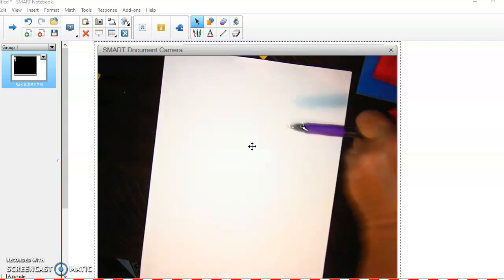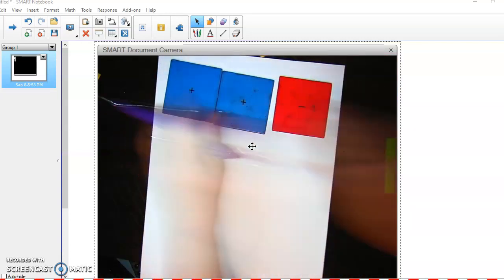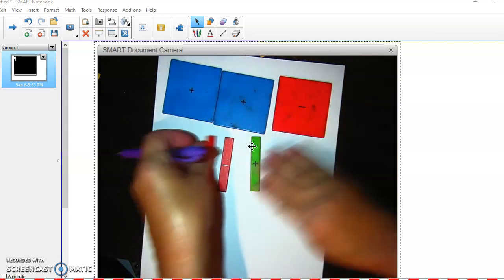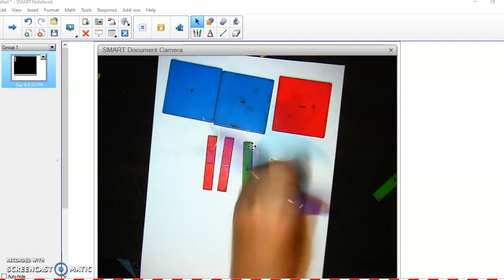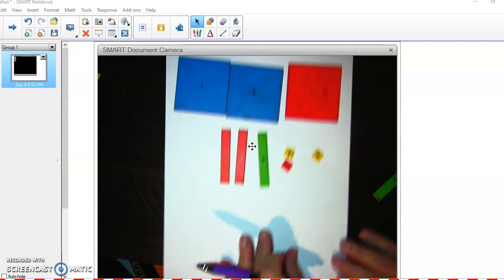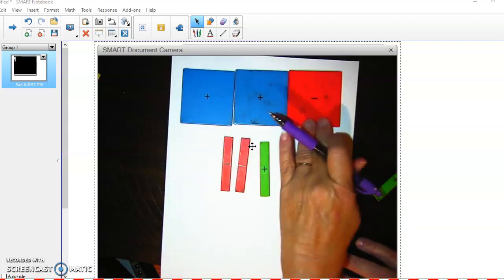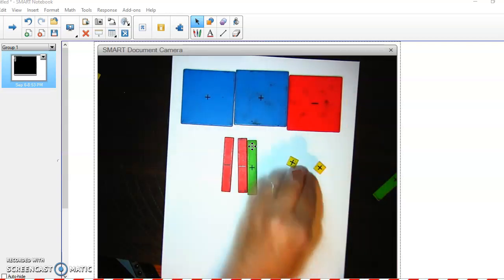So let's do this one, this one, this one. And let's add these. Okay? So, not going to write it down this time. I'm just going to use my tiles, knowing that if they look alike, I'm going to add them together.